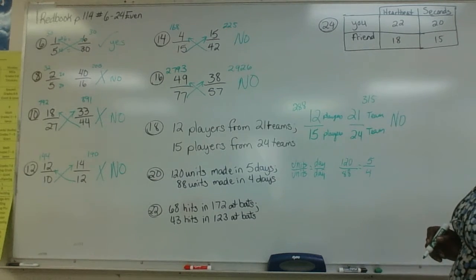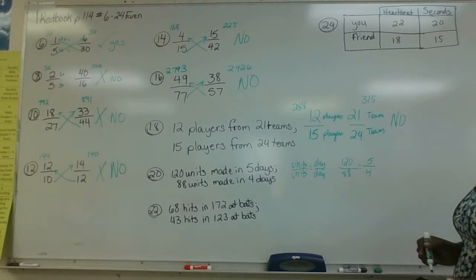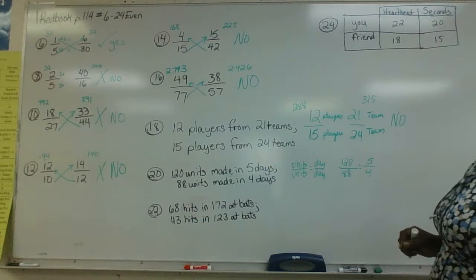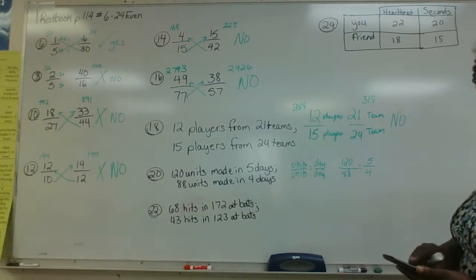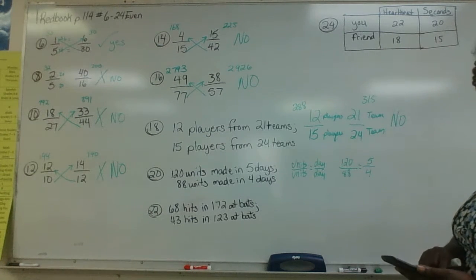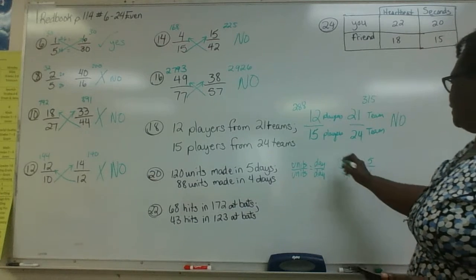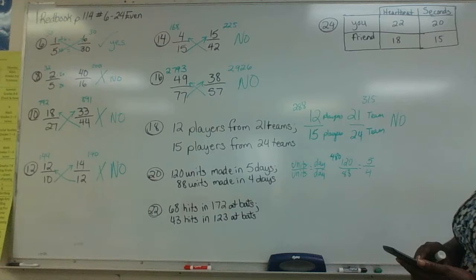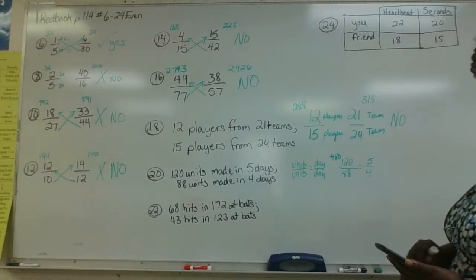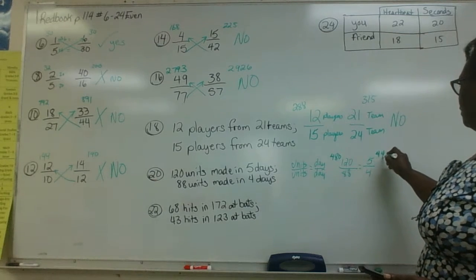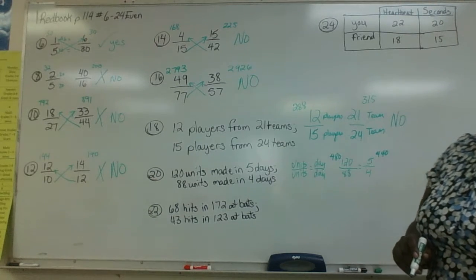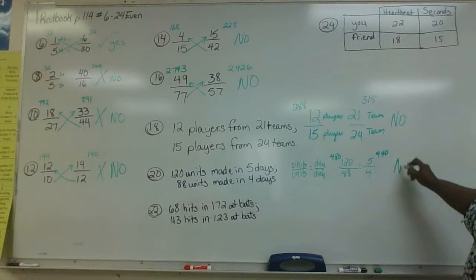Okay, and so therefore we would use cross product 4 times 120, and we would discover that that's 480, and then 5 times 88 we discover is 440. Okay, and so therefore we will make the determination that no.